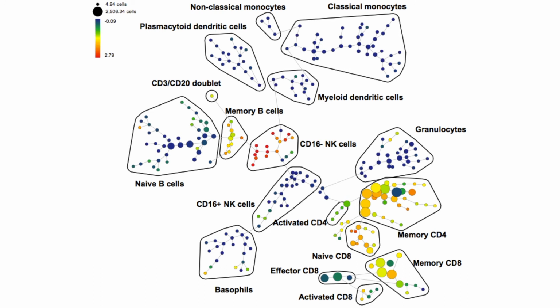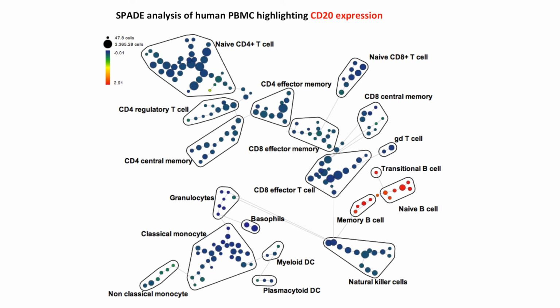So here, basically, you can see how by using CyTOF and by using a SPADE algorithm, you can really recognize different subsets of cells in the blood with incredible detail and certainty.